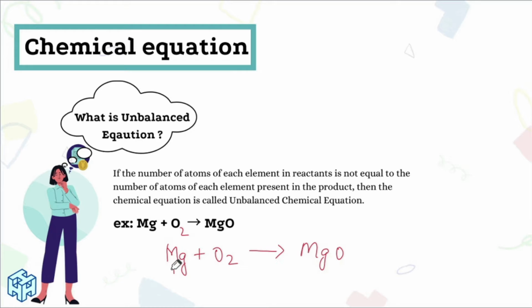How many magnesium atoms do we have here? 1. How many oxygen atoms? 2. Here how many magnesium? 1. How many oxygen here? 1. So here 1 plus 1 is only 2 atoms, and here 1 plus 2 is 3 atoms.